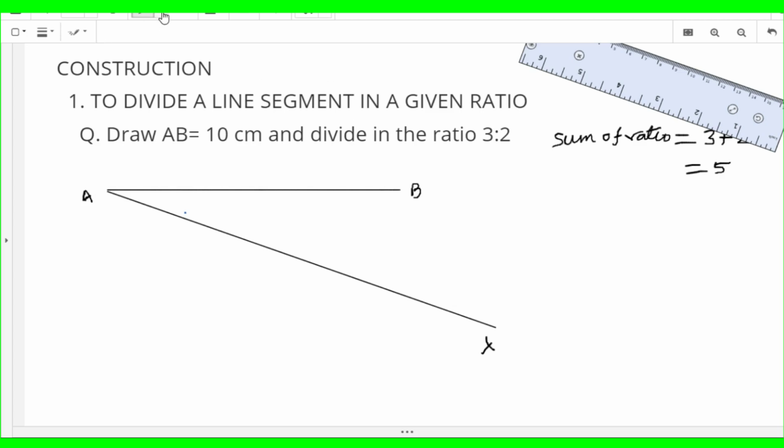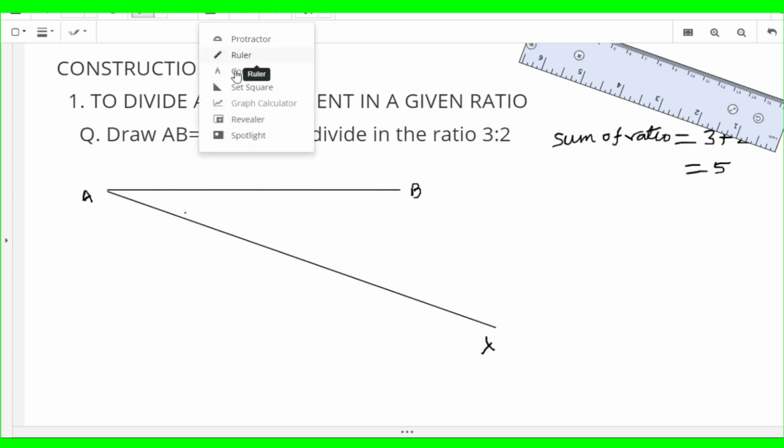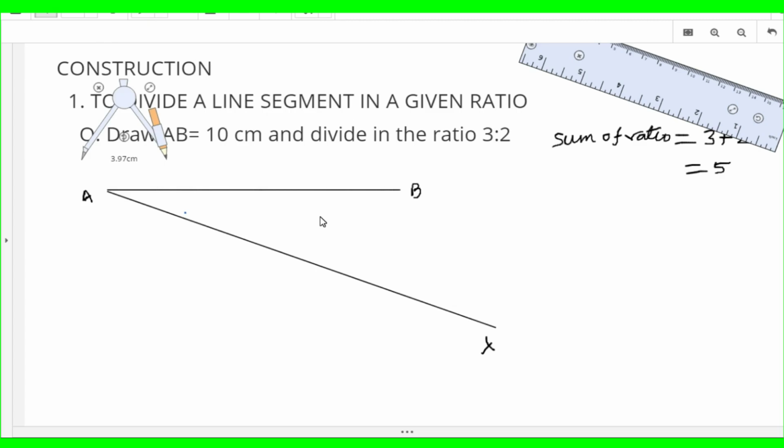For that you need the compass. Take your compass and bring the compass pointer at the point A. Then take a convenient length of arc.